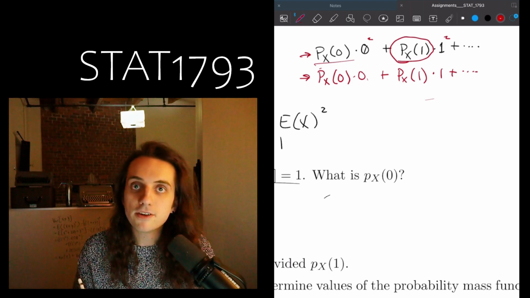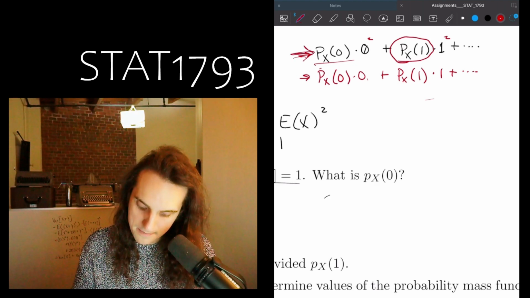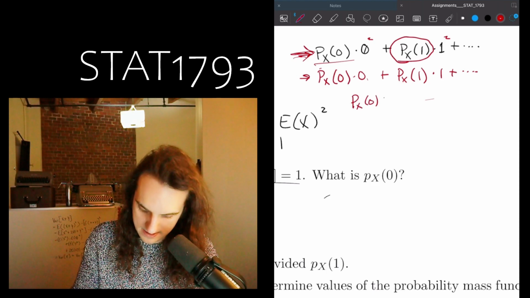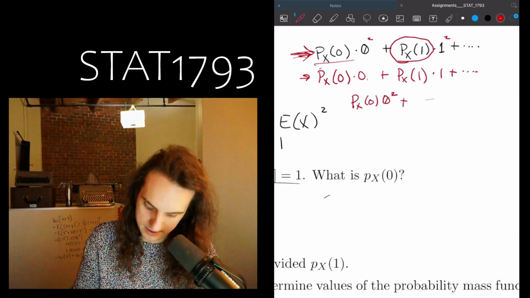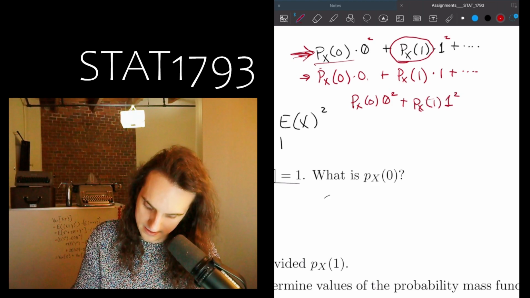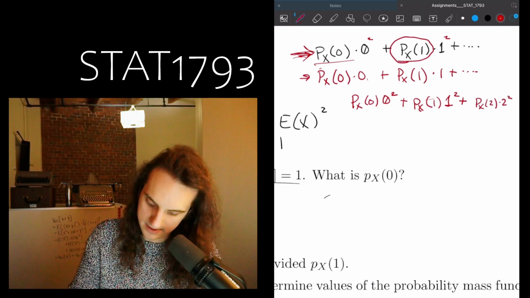However, every other term is going to make this top summation bigger, right? Because if we just write out the first few terms here, right? 0 squared plus probability that x is 1 times 1 squared plus probability that x is 2 times 2 squared, and so forth.